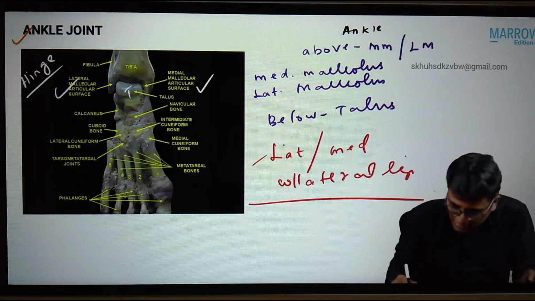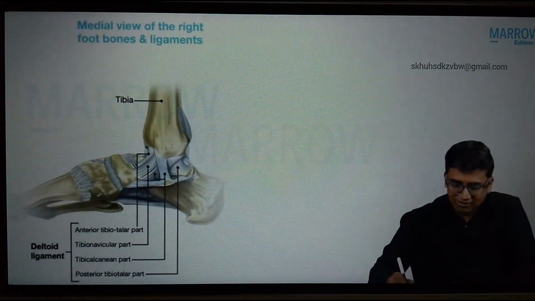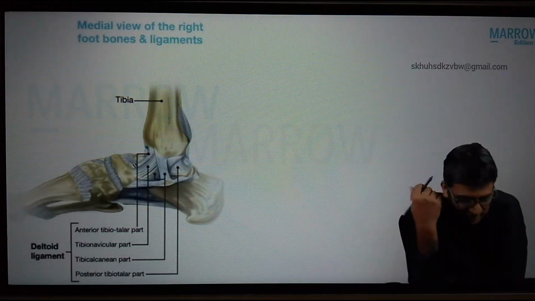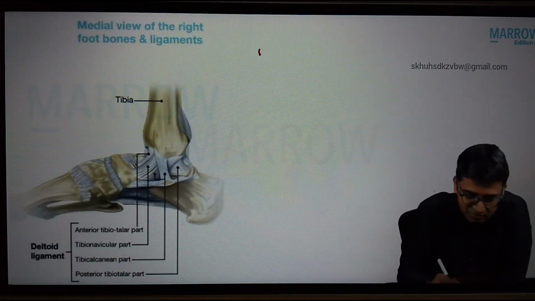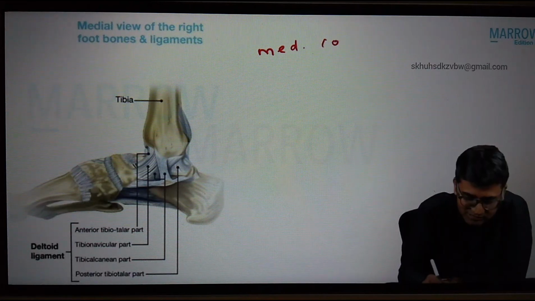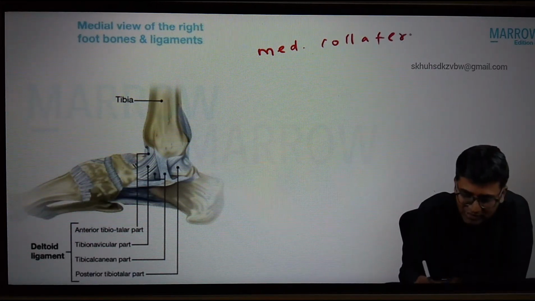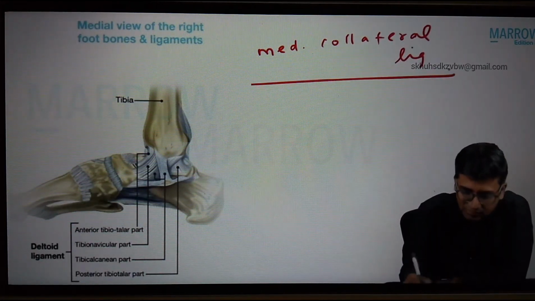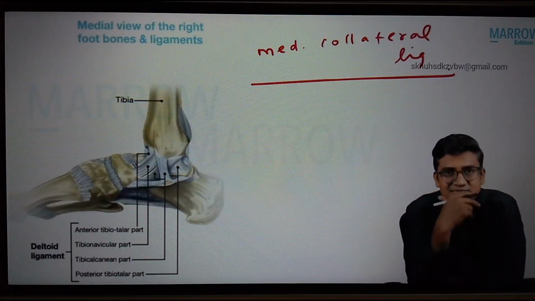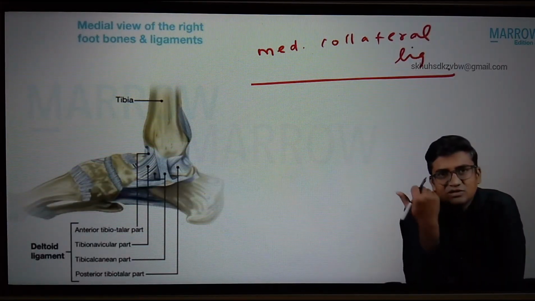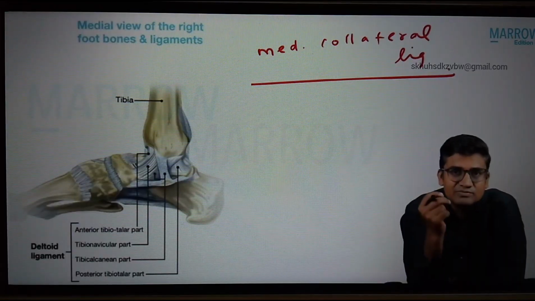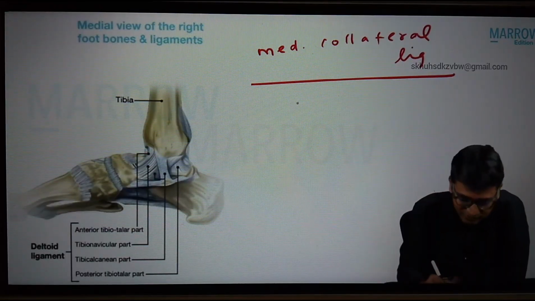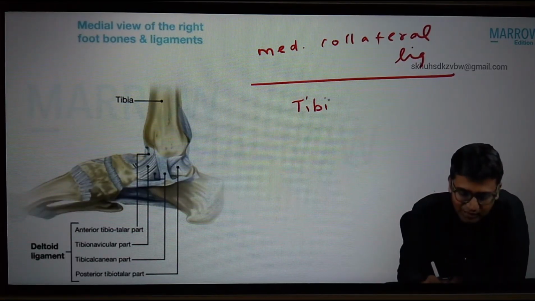Clear? Right. Now, what are the parts of medial and lateral collateral ligament? So we're going to write medial collateral ligament. Now we have some parts. All the parts of medial collateral ligament should start from the medial bone, upper part.